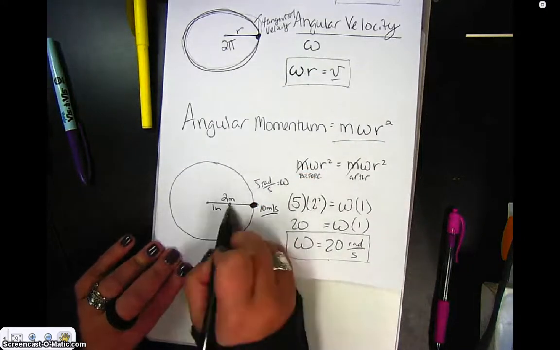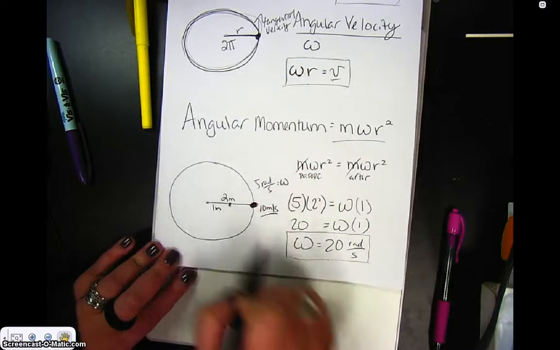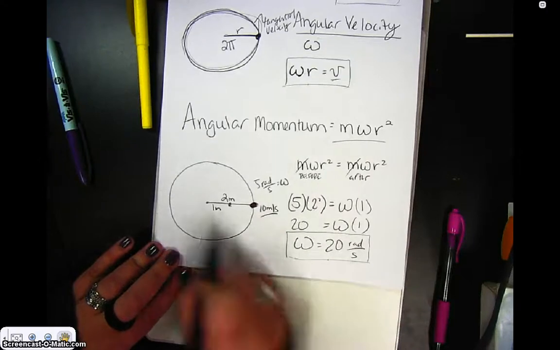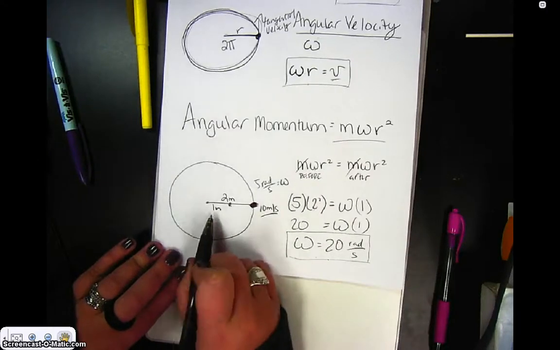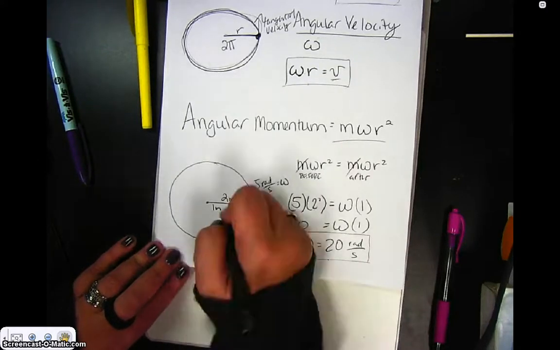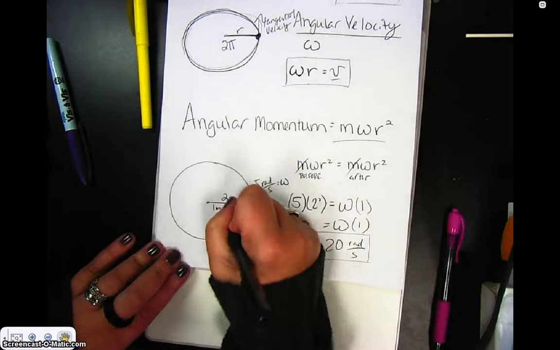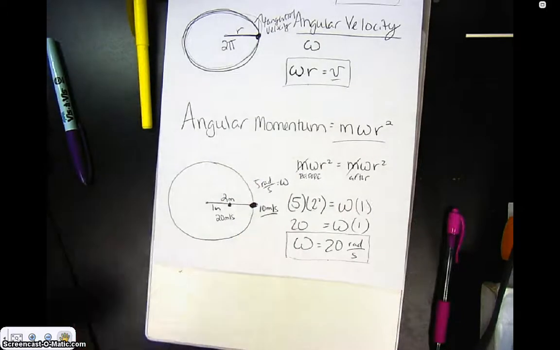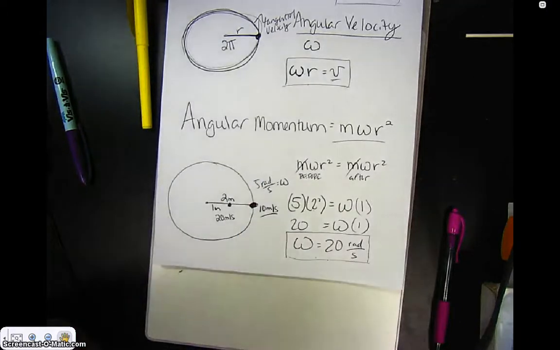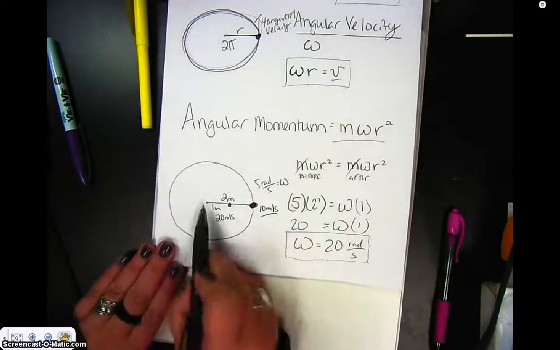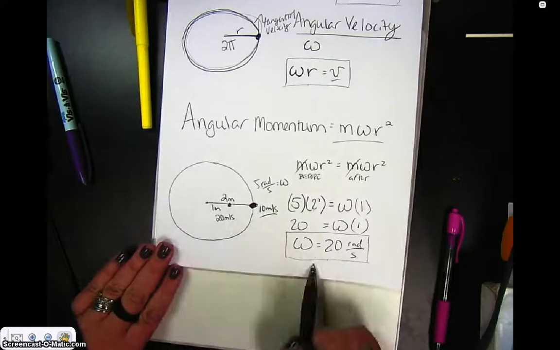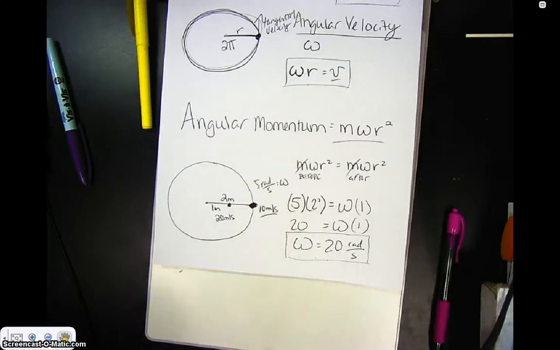And then as I pull my arm in, now I'm going 20 radians per second, and my radius is 1 meter, so I would say, all right, 20 meters per second. So my actual tangential velocity doubles in this case as the length of the arm is cut in half, while the angular velocity is actually squared.